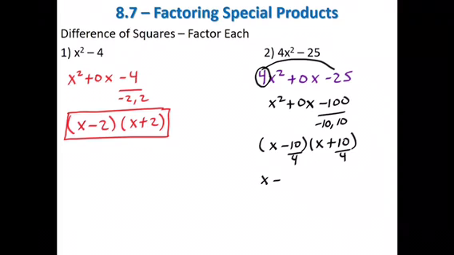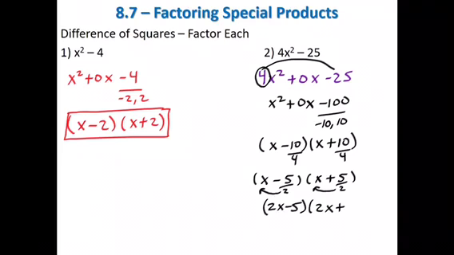So we get x minus 5 over 2. And then we've got x plus 5 over 2. In both cases, we need to move the denominator out in front, or in this case, the bottoms up portion. And so we get 2x minus 5 times 2x plus 5.